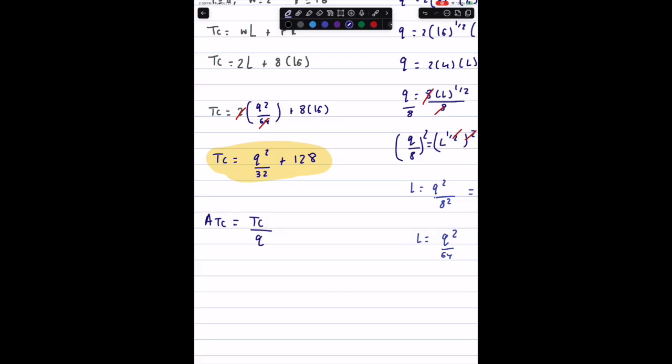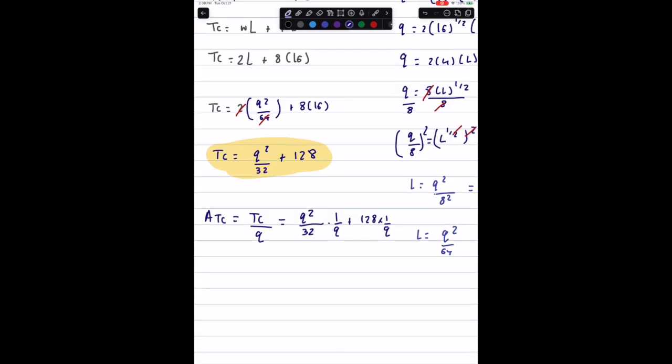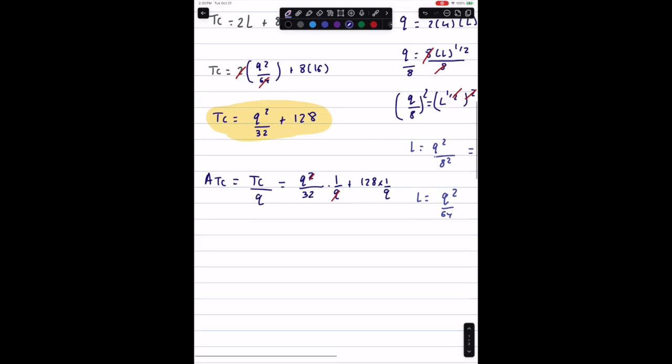So in our case, it's going to be equal to Q squared over 32 times 1 over Q plus 128 times 1 over Q. We're just dividing both sides by Q. As you can see, the Q here and the Q here cancel out. So average total cost is equal to Q over 32 plus 128 over Q. All right, perfect.